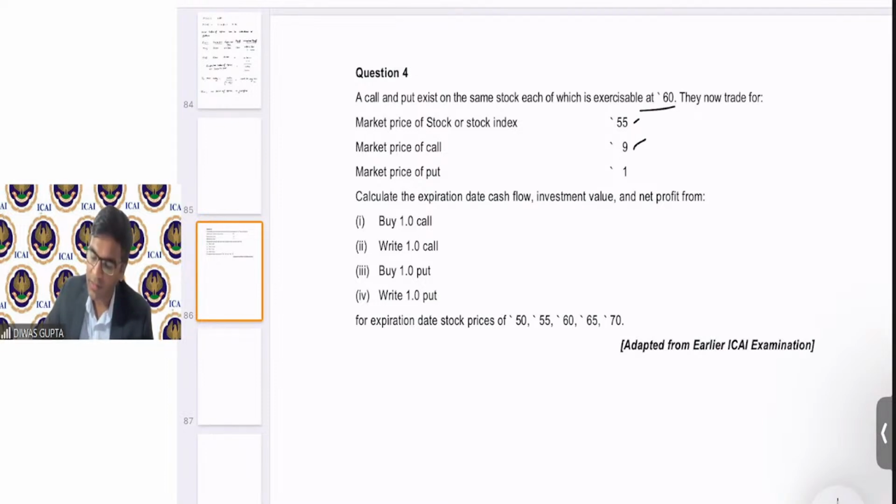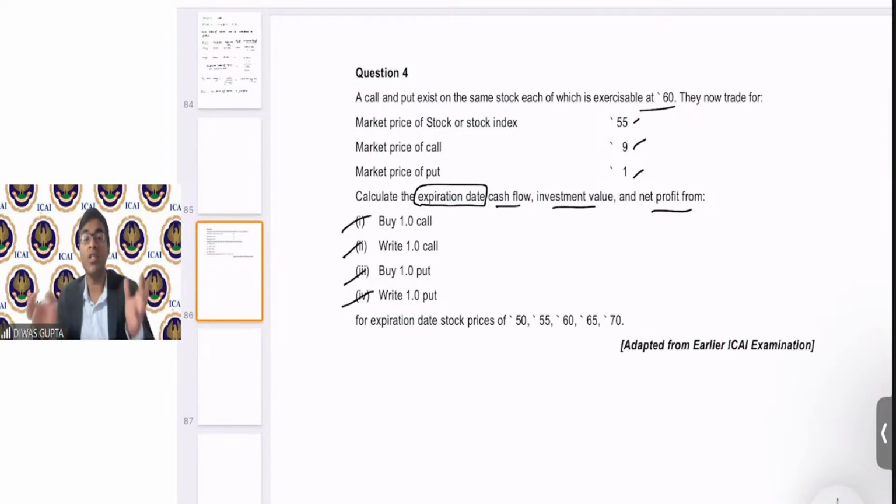Market price of call is 9 and put is 1. Calculate the expiration date cash flow, investment value, and net profit from buy one call, write one call, buy one put, write one put. So they have given us all the 4 scenarios, 2 for call, 2 for put.